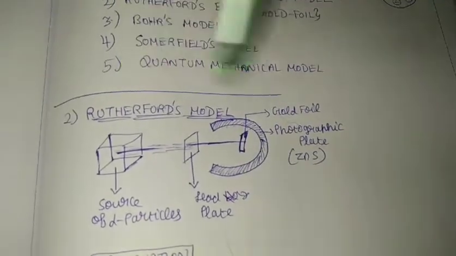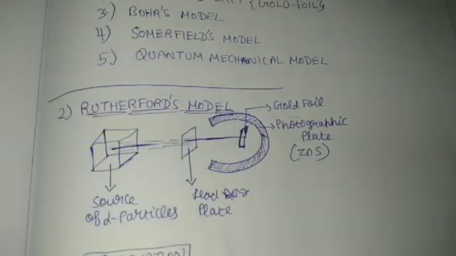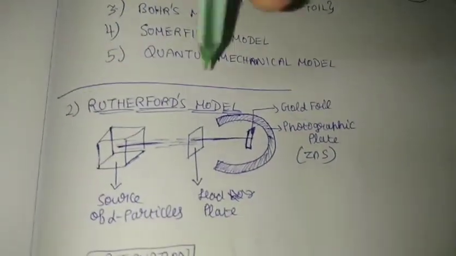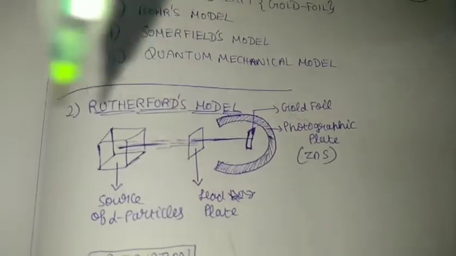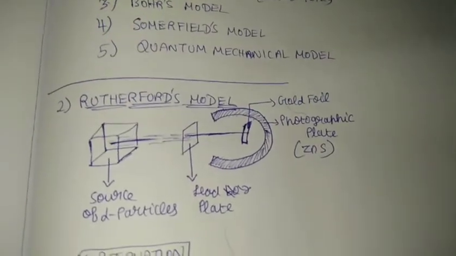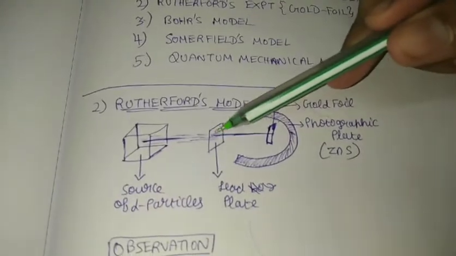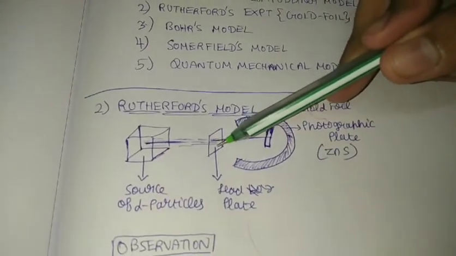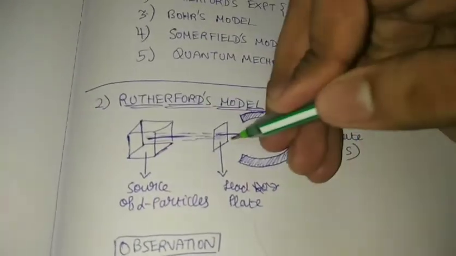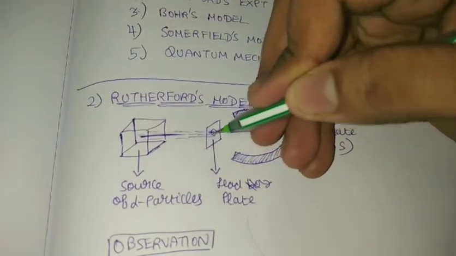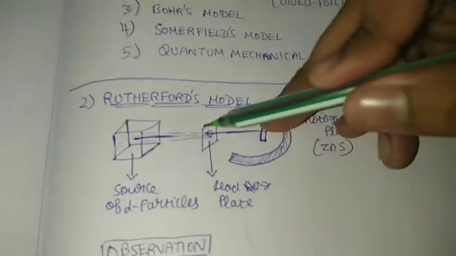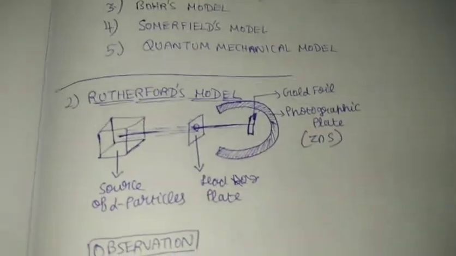Hence they use the lead plate to not spread radiation around the experimental setup, protecting the scientists from harmful radiations. And a small hole was kept over here so that the rays were concentrated over the gold foil.